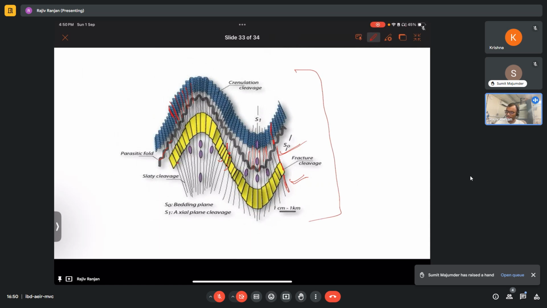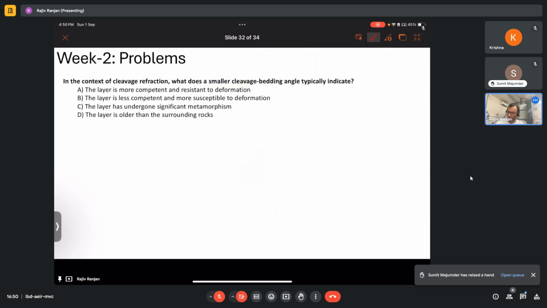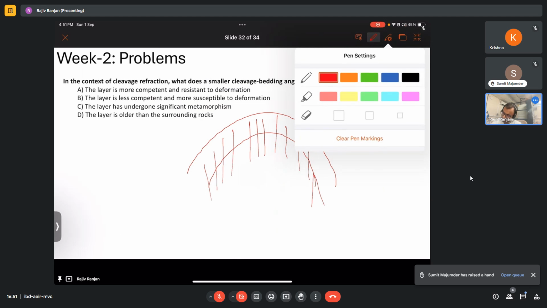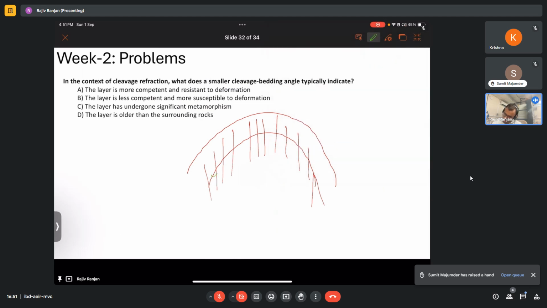And also if you see these bedding cleavage relationships, suppose you have a bed and you have these lineations. The angle is smaller and getting larger in the hinge zone.